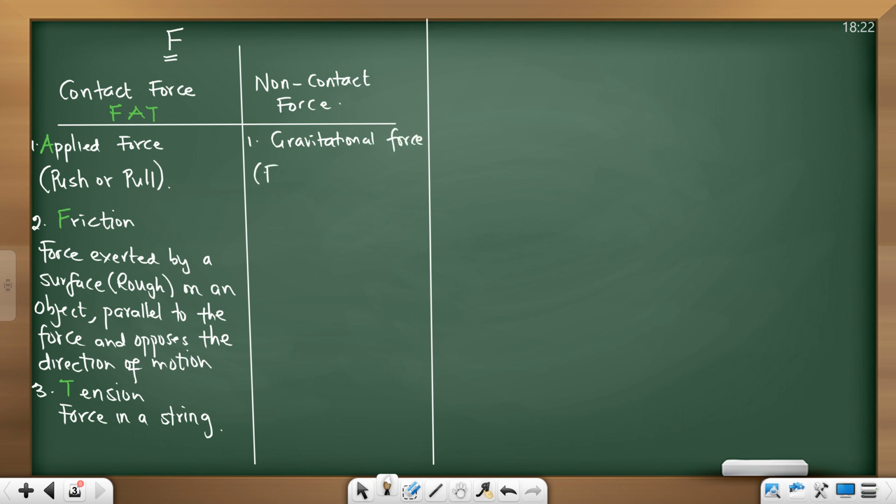How would you define that? Pulling force of the earth on all objects. Remember, and which way does it act?